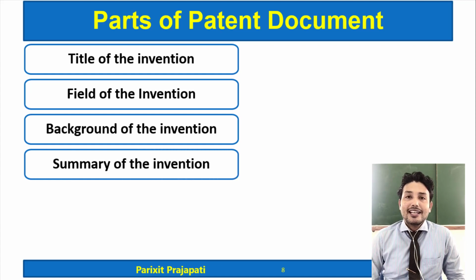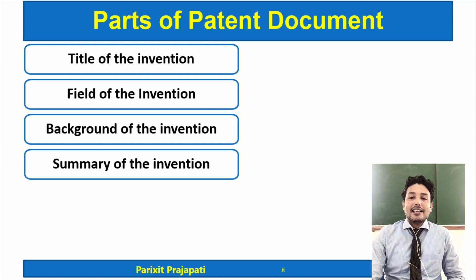Summary of the invention. Here the invention is briefly mentioned, about what the invention is and how the invention is going to work. So that is the summary of the invention.